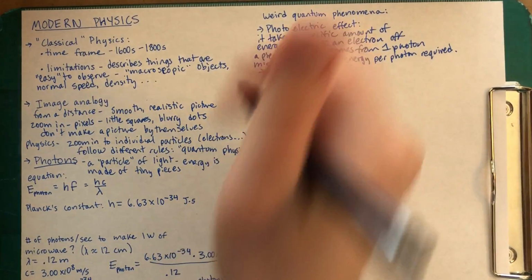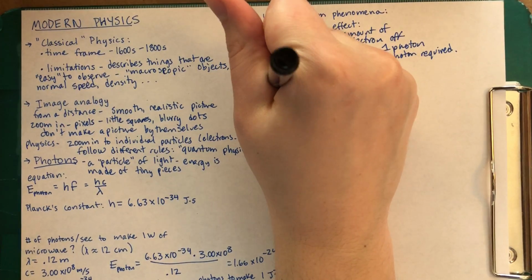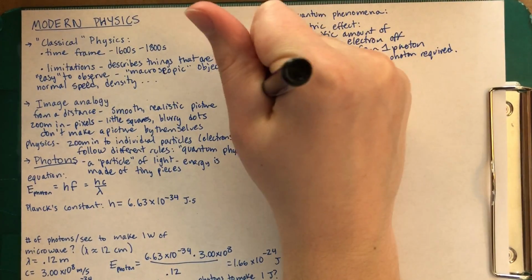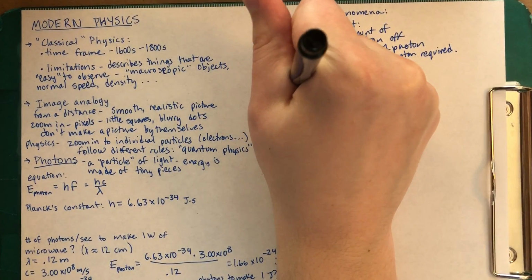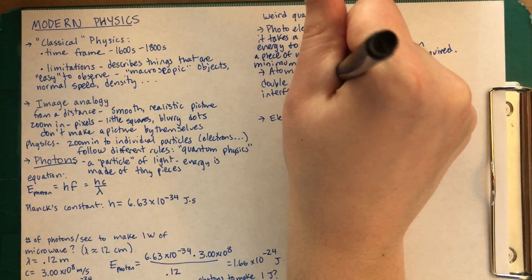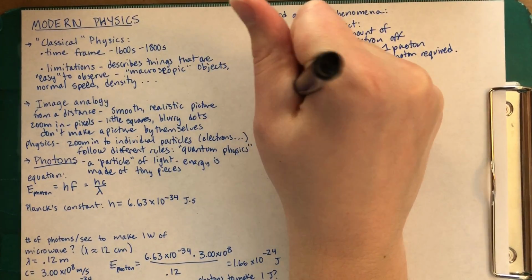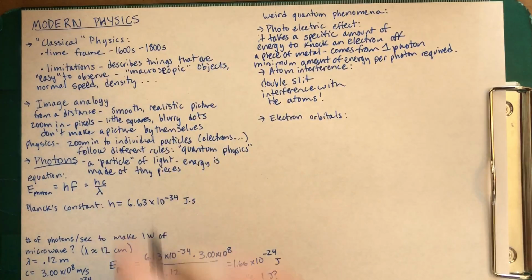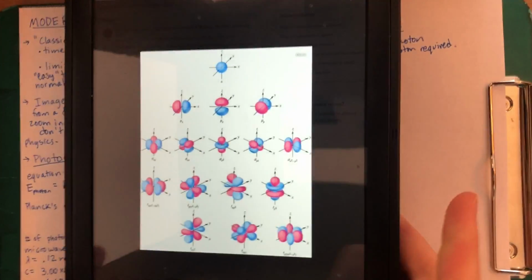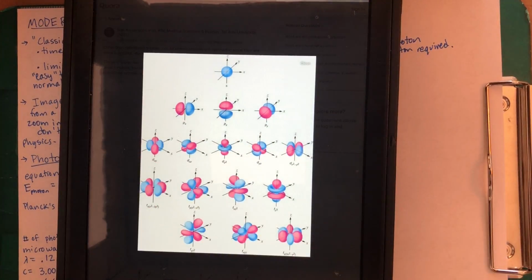So with atom interference, we saw double slit interference with helium atoms. Another cool example of this is the electron orbitals. So if you took chemistry, or if you're going to take chemistry, at some point near the end of the year, you will see a diagram that looks kind of like this.